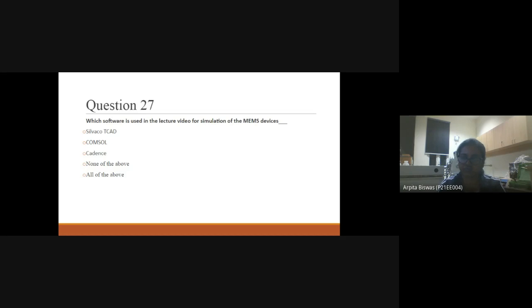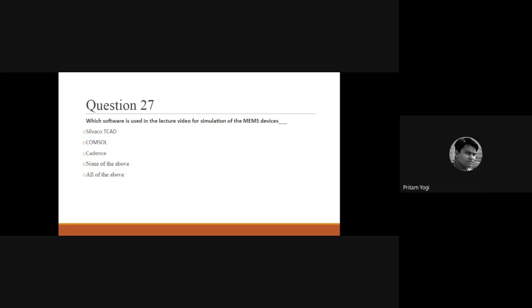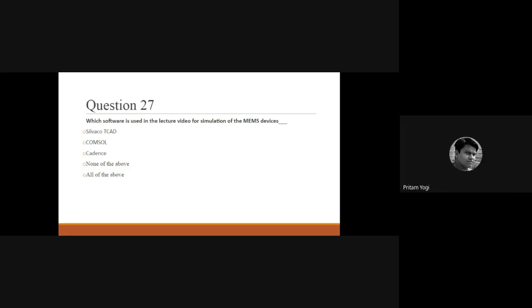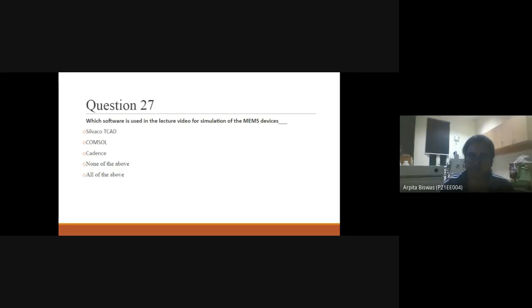Do you know about it? People use it for nano and microelectronic devices like transistors. Yes. And what about Cadence? Cadence is, I think, for analog circuit design purposes.